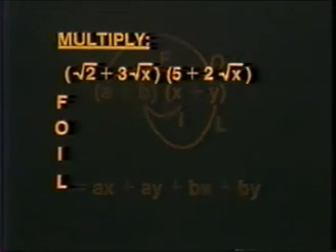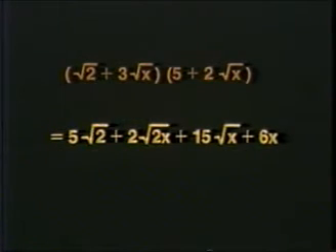Let's try the same thing with square roots. Multiplying the first, outside, inside, and last terms will give us these results, all positive numbers, which we simplify wherever we can, and then write out in the usual form to give us our answer. That's as far as we can go.